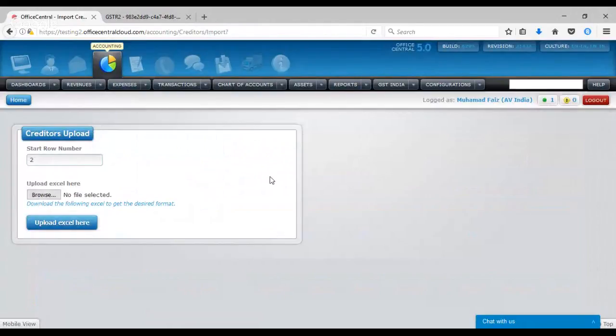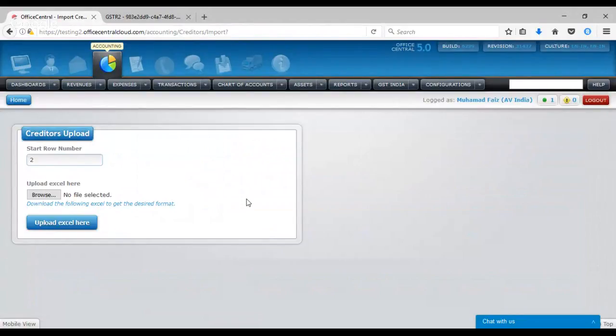Make sure that your Excel has the various columns that are required. You can download that: click download the Excel format from the system. Then make sure that your format is according to the required format. After that, you upload the Excel. Then that's it. All your creditors are already uploaded into the system.